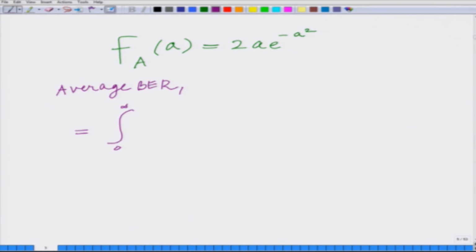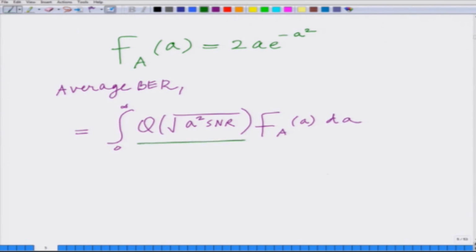and therefore, the average bit error rate is equal to the integral from 0 to infinity of Q of square root of A square times SNR times f_A of A dA. So, what I am doing? I am taking this random bit error rate, multiplying it with the distribution of the fading channel amplitude A, and averaging it by integrating from 0 to infinity.